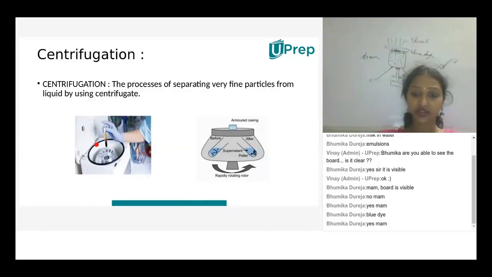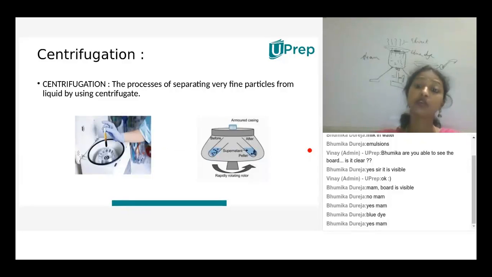This is a simple centrifugation machine. Inside the machine, these are the centrifuge tubes. They are exactly like test tubes, but they are not test tubes. Their diameter and thickness are completely different. This is a single cavity for the tubes. They take the sample. If you want to test only one sample, in the opposite cavity you need to place a standard sample, or simple water can also be taken.